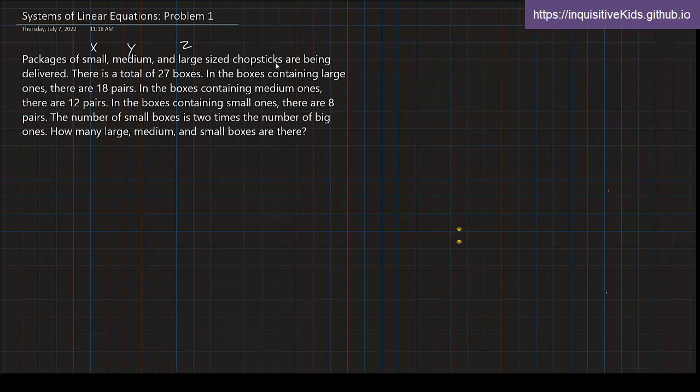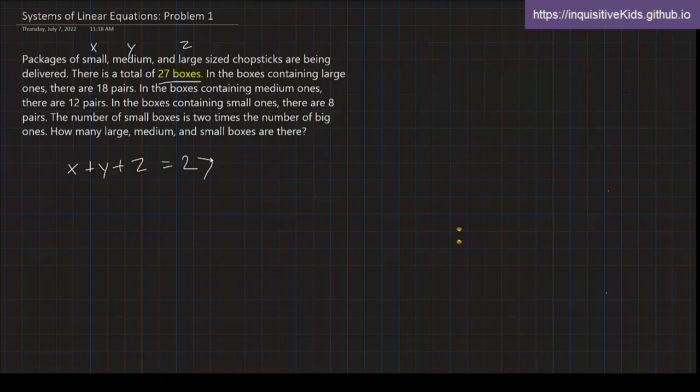So let's make X equal the number of small boxes, Y equal the number of medium boxes, and Z equal the number of large boxes. It tells us right away that there is a total of 27 boxes, and there are only these three types of boxes. So X plus Y plus Z and nothing else is equal to 27.